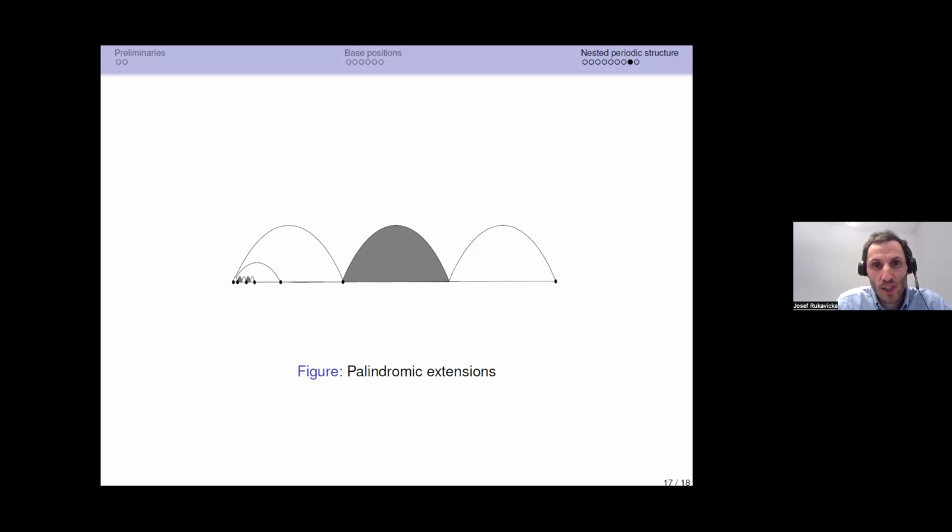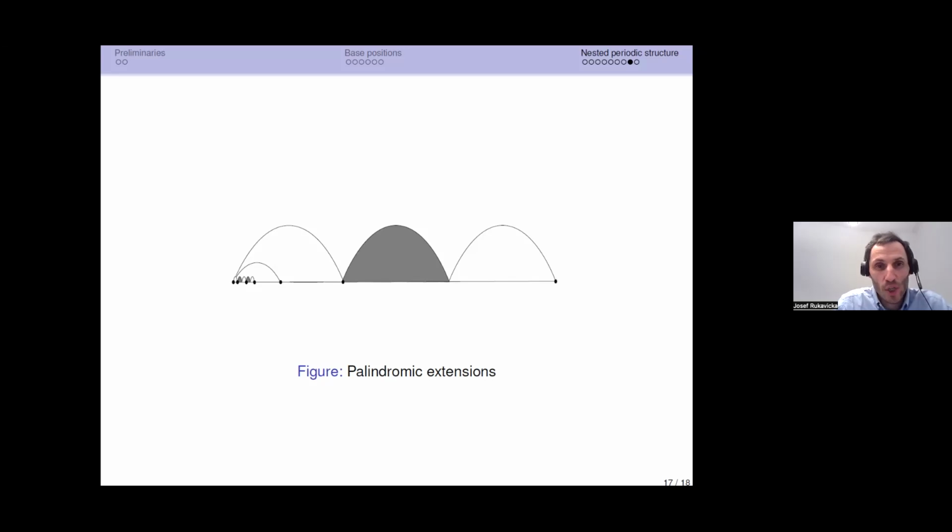It means using this palindrome, I repeat the point at the beginning, I mirror it using the palindrome to some next position, and again and again. There can be arbitrarily many repetitions of the palindrome, and this is the idea. And so I construct one nested periodic structure.